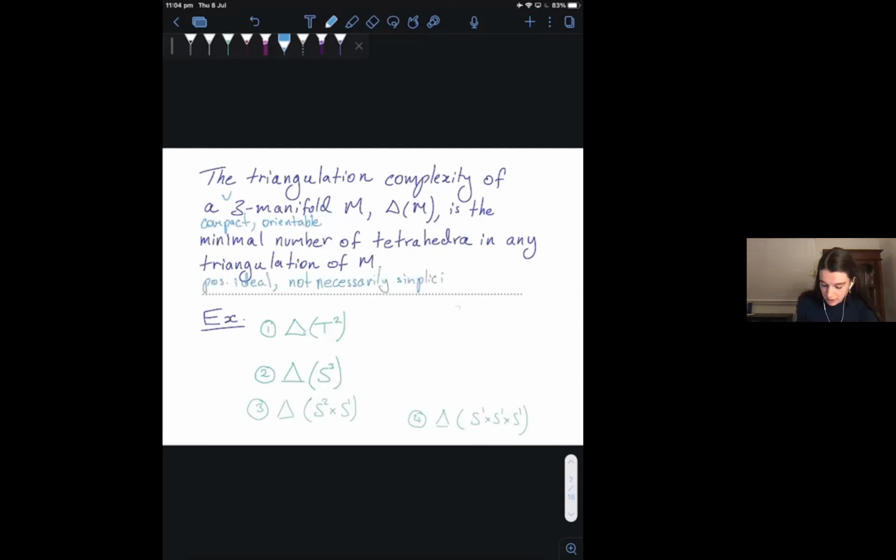Okay, so speaking of some examples, we can take a torus, which isn't a three manifold, but we can do the same definition with triangles instead. And so what's that going to be? Well, my favorite triangulation of a torus is this one.